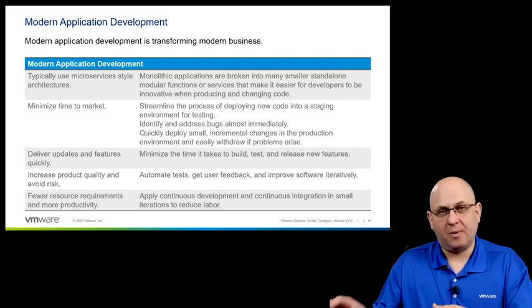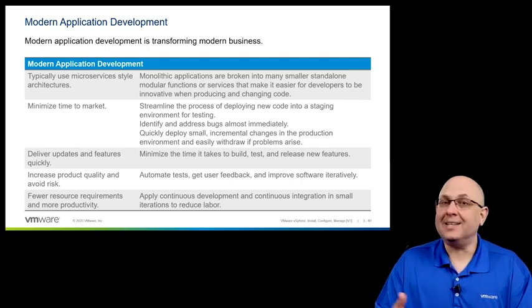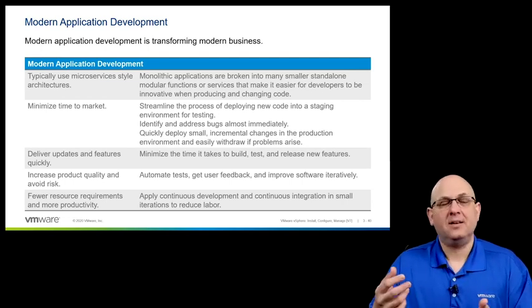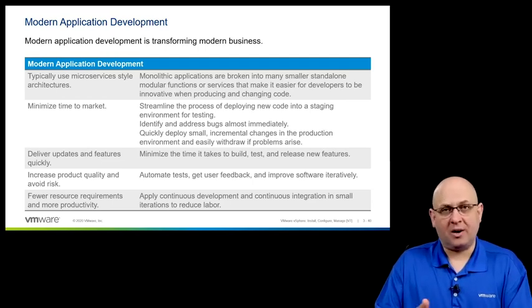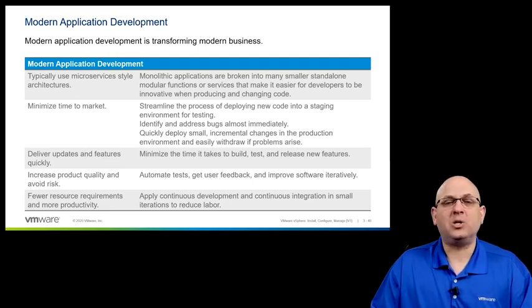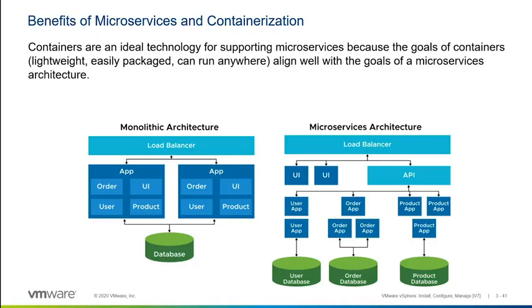But with these sorts of components and with containers and this architecture around containers, we're able to do this really quickly. So there are a lot of benefits to building our application into separate components, microservices, if you will, and containerizing those applications.